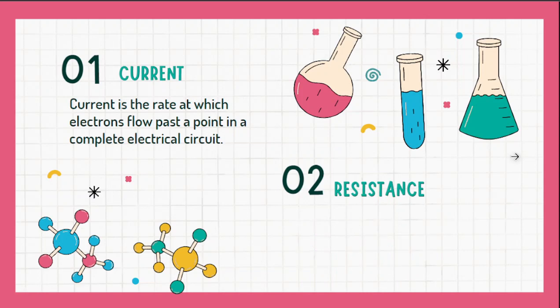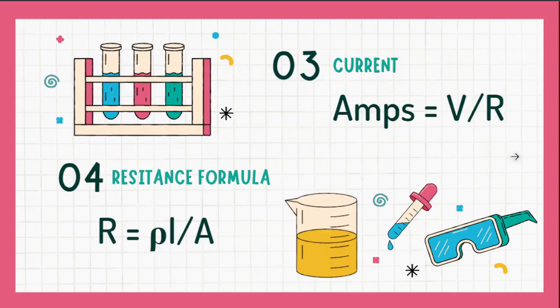Now let's understand their formulas as well. First of all, the formula of current. As I have said, its SI unit is amperes, and it is defined as V divided by R, V upon R, which means voltage upon resistance. Now let's see the resistance formula.